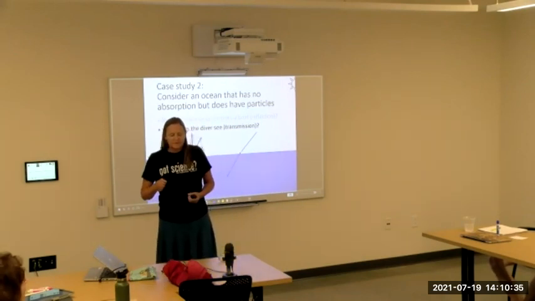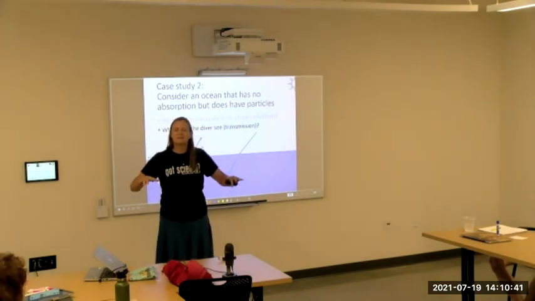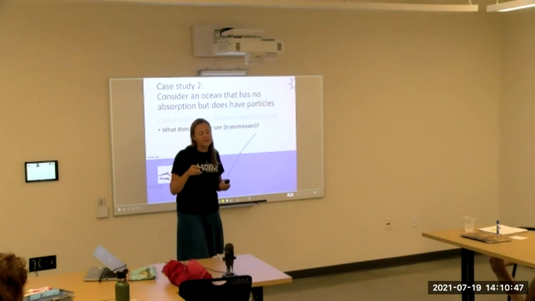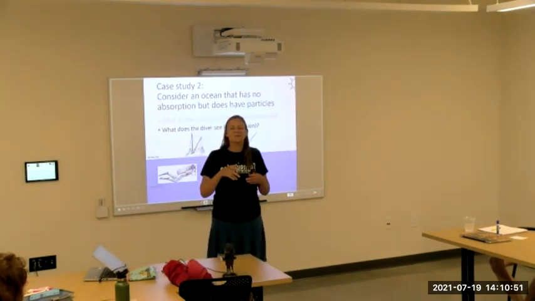If you think about this constant amount of light always coming in, and I also didn't tell you the angular distribution of light, we don't know how much gets scattered forward and backward, but we have multiple scatterings.